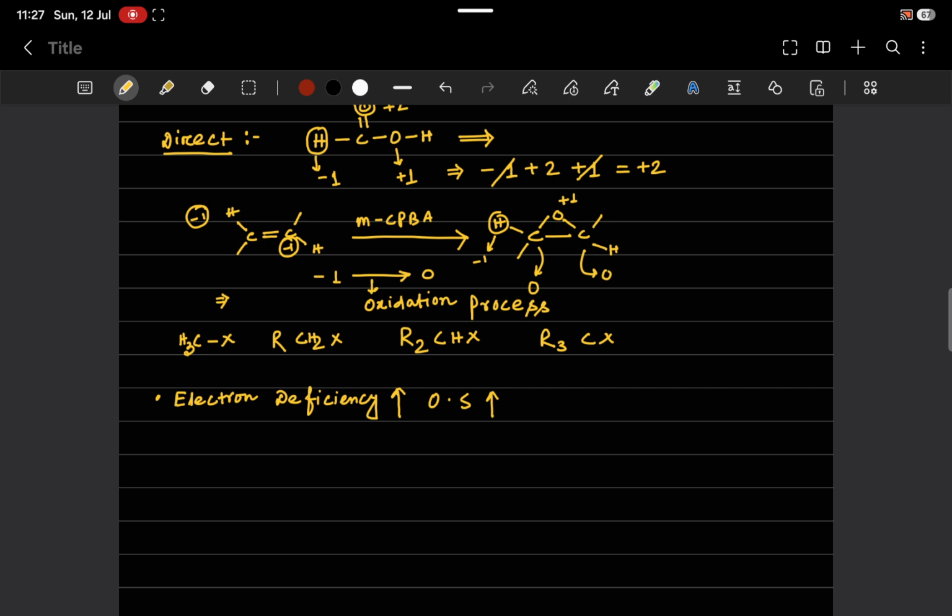You will say everywhere carbon is bonded with one particular heteroatom, that is X, so the oxidation number should be the same, but it is not like that. There is a very important thing. As we move from this side to this side, the number of alkyl groups gradually increases.